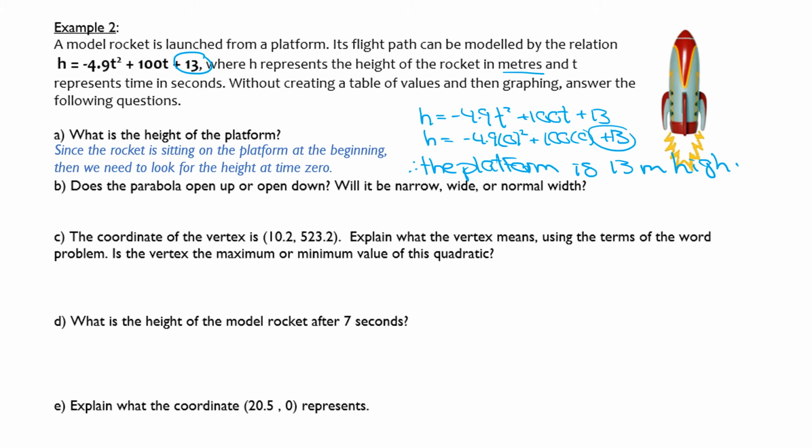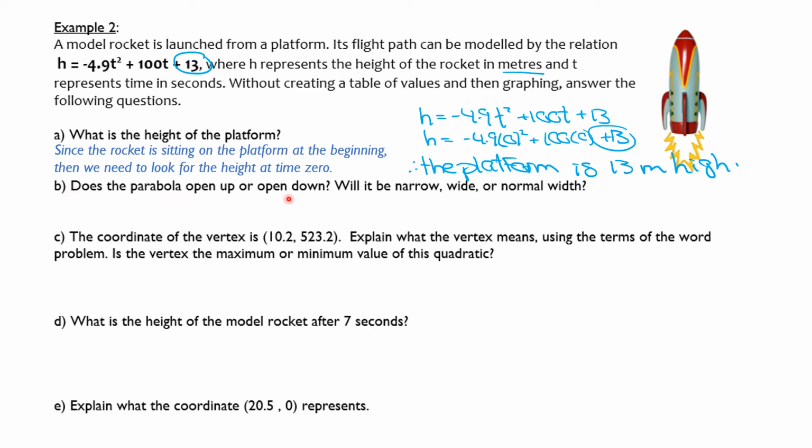So that's where our rocket is starting from. And I didn't need to even do this. I could have just gone right to the equation. As soon as I realize I'm looking for time 0, as soon as I realize I'm looking for initial height, then I could just go right to the constant there.